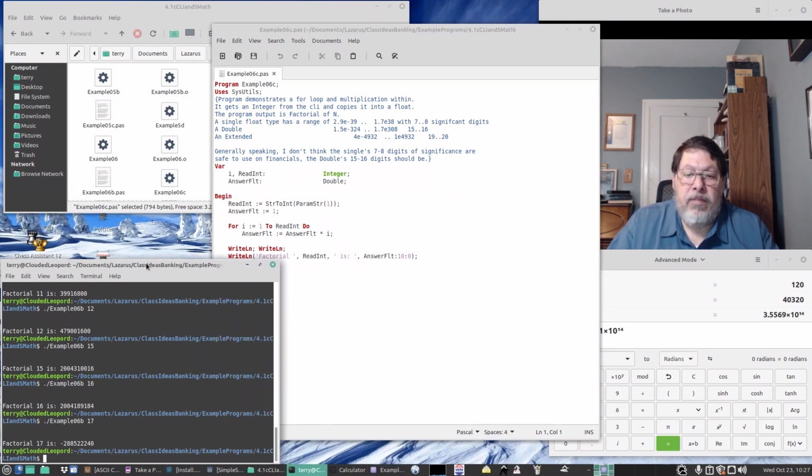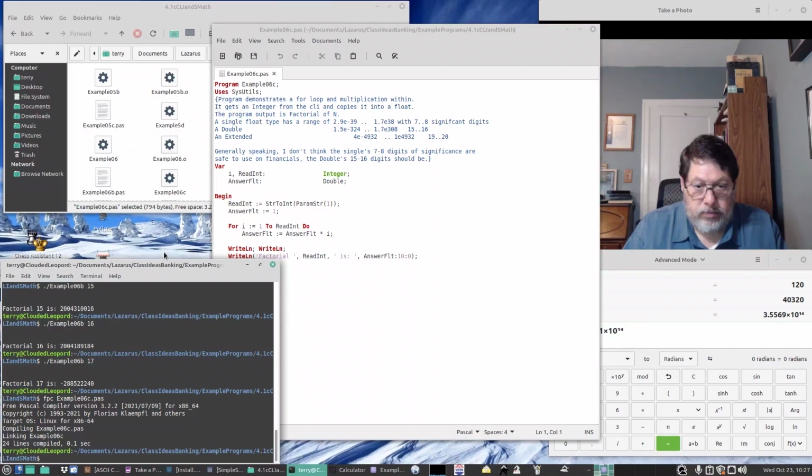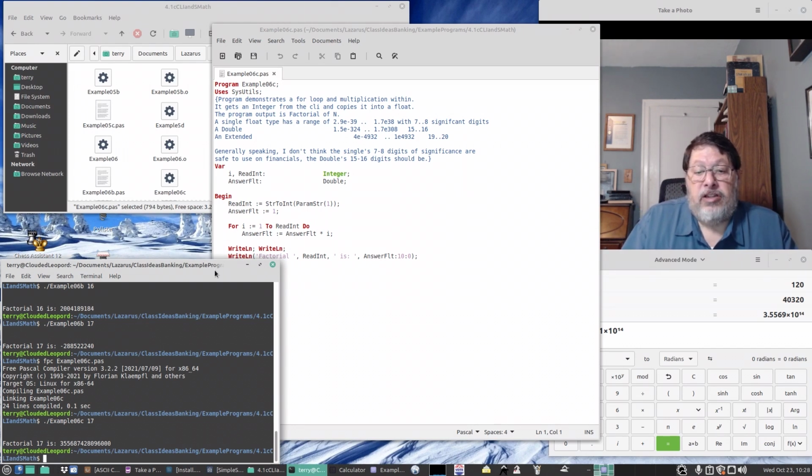This does run. And as you can see, it did not overflow. In a lot of cases, using floats is safer than using integers.